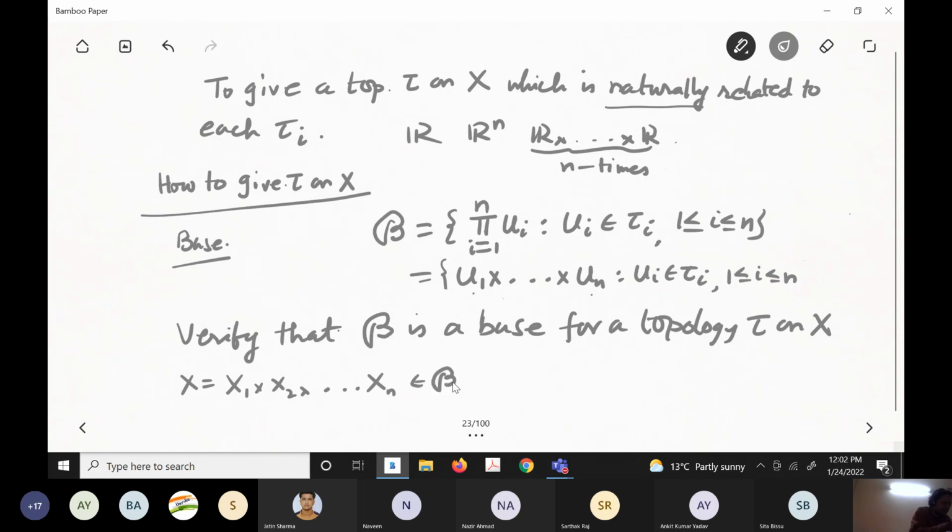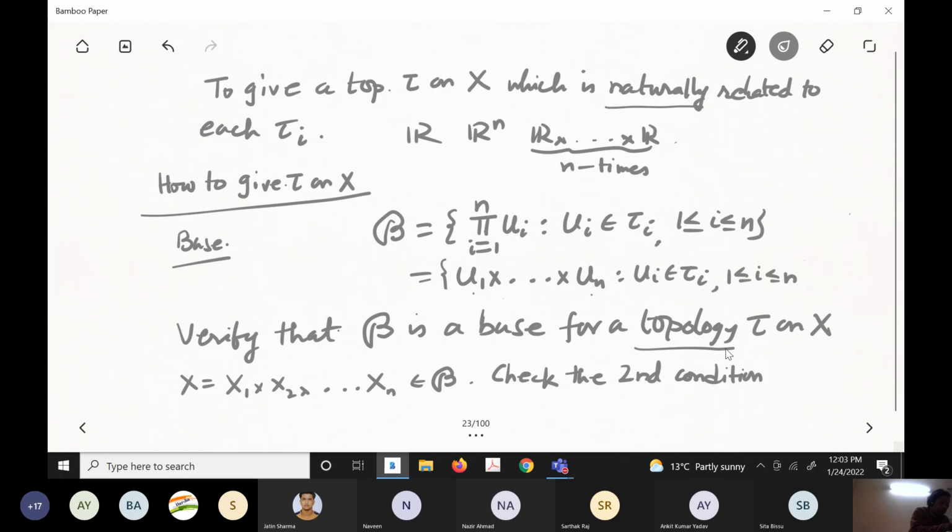You'll have to show the second condition: suppose you have two members, then their intersection contains another member like that. Check the second condition, so this will be a base for a topology.